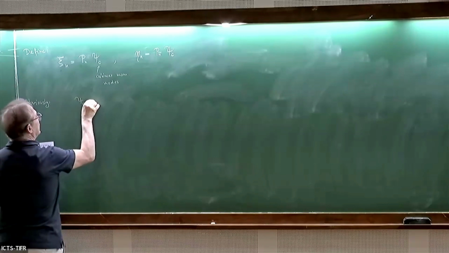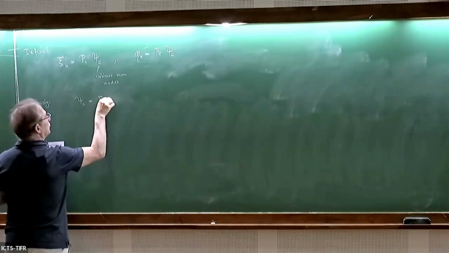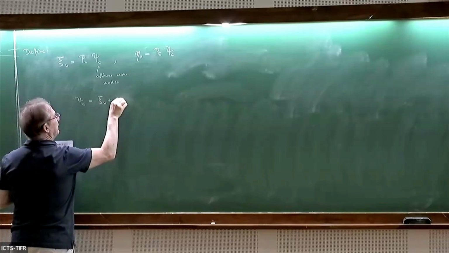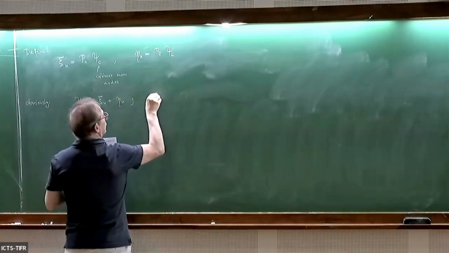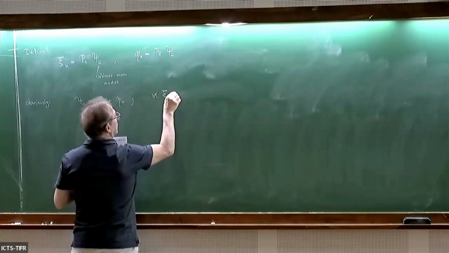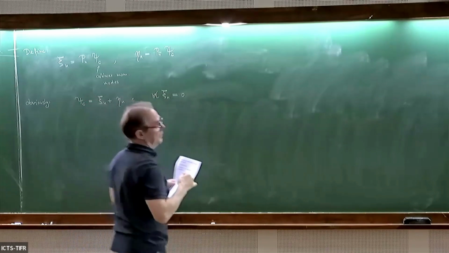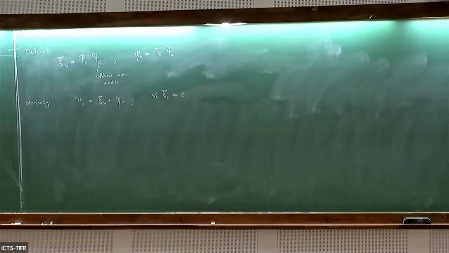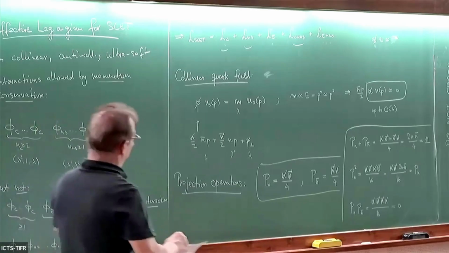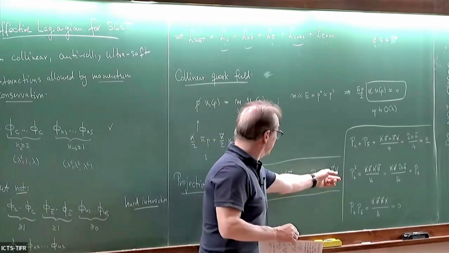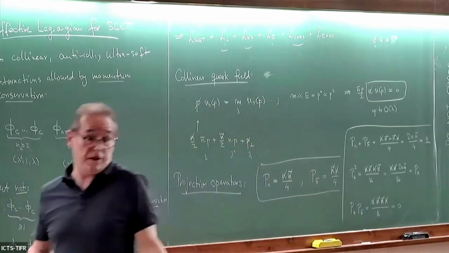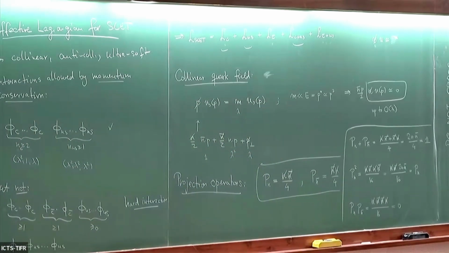Here, the full field is just written as a sum of two terms, xi plus eta, where n-slash acting on xi is 0, because that's what P_n does, no? P_n is the projector, that if I multiply it with n-slash from the left, it obviously vanishes. And P_n-bar, if I multiply it with n-bar-slash from the left, it also vanishes.